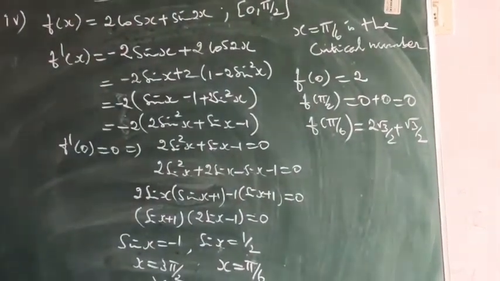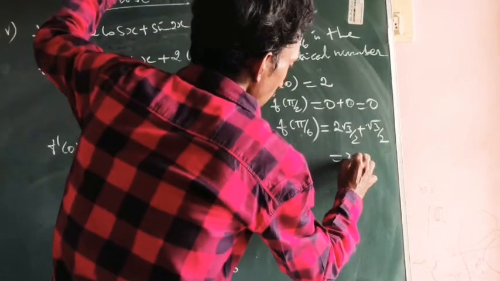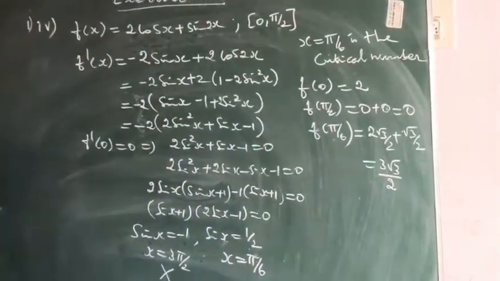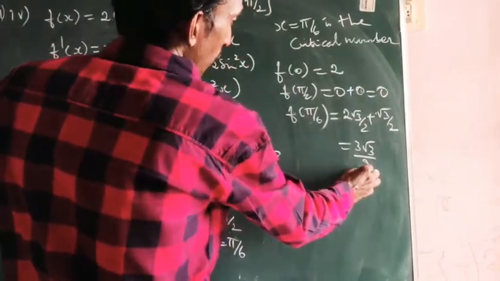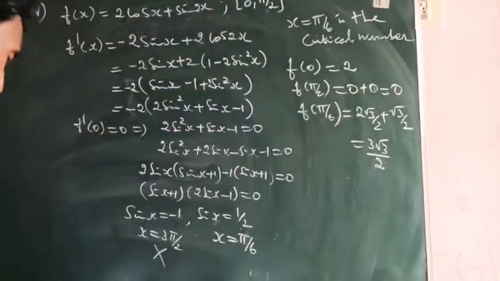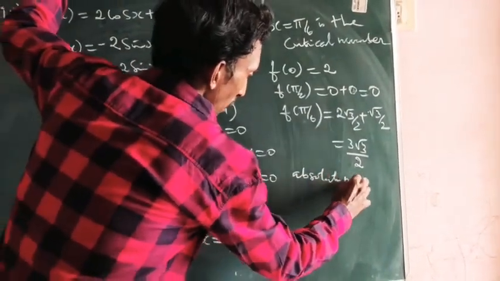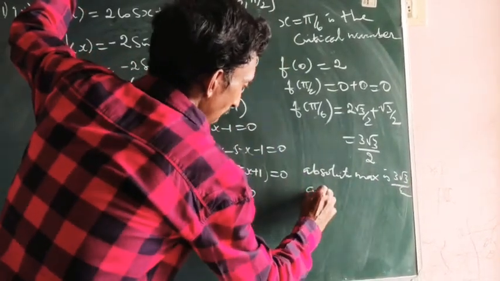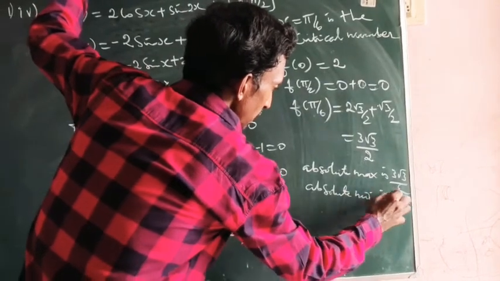So 2 root 3 by 2 plus root 3 by 2. 2 plus 1 is 3, so 3 root 3 by 2. So f of 30 is 3 root 3 by 2. Now compare the values. So 3 root 3 by 2 is the absolute maximum and 0 is the absolute minimum. So absolute maximum is 3 root 3 by 2 and absolute minimum is 0.